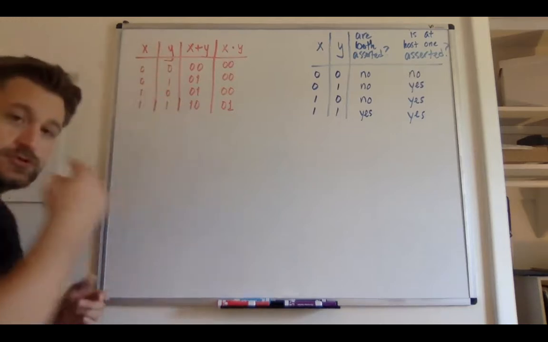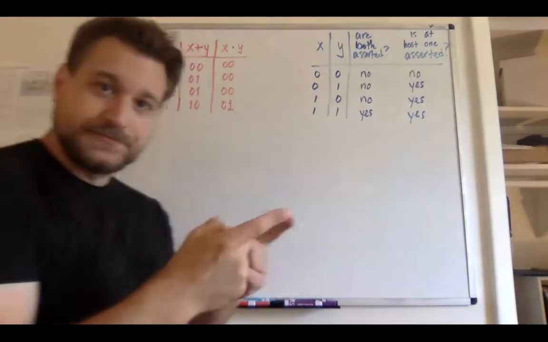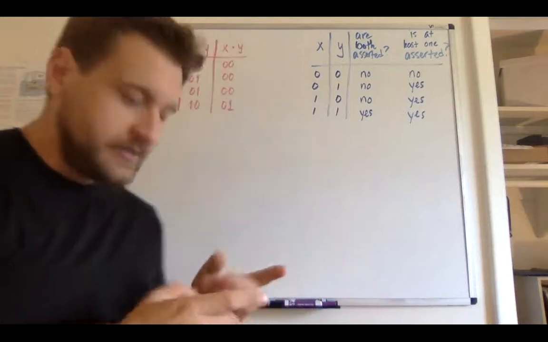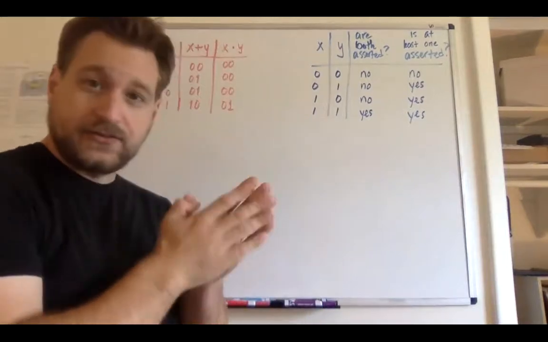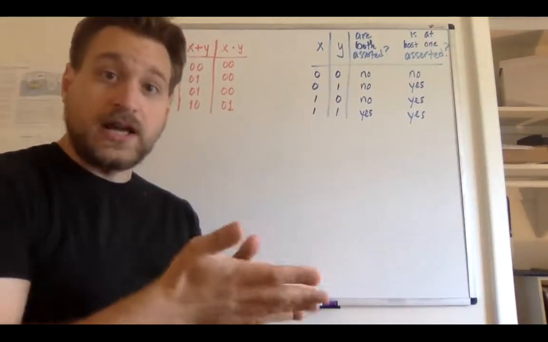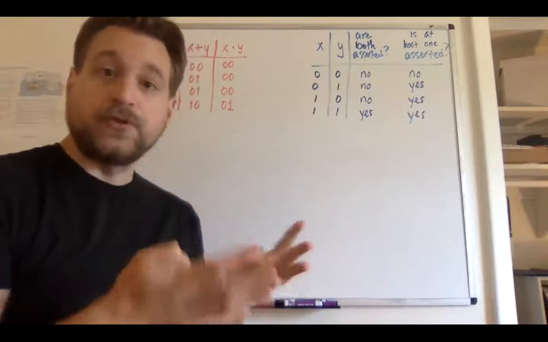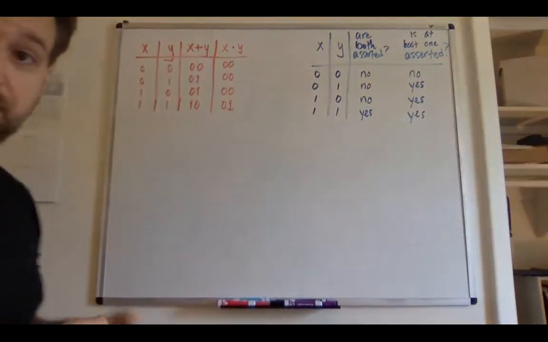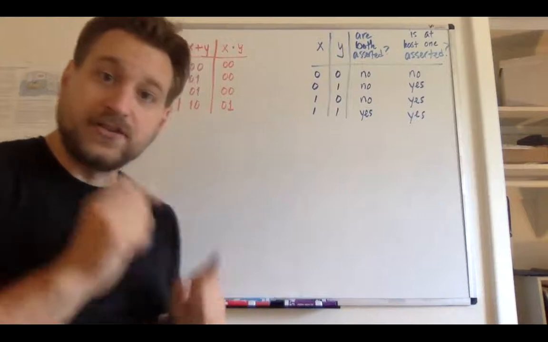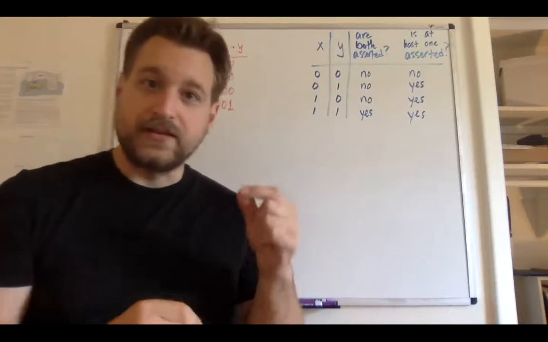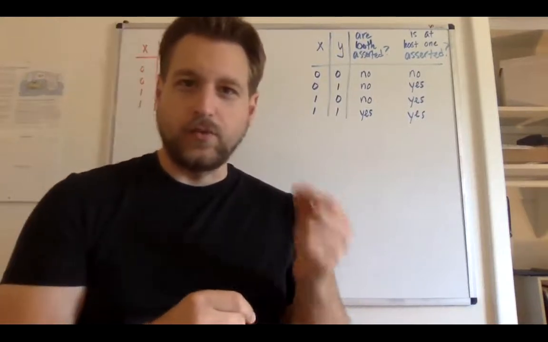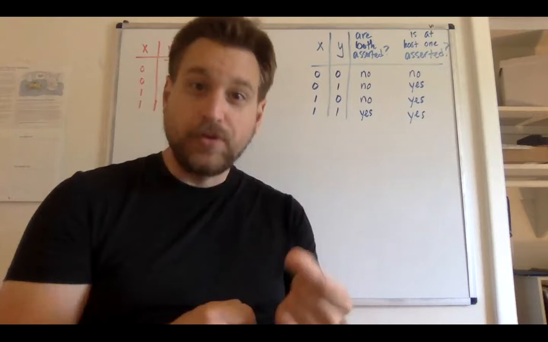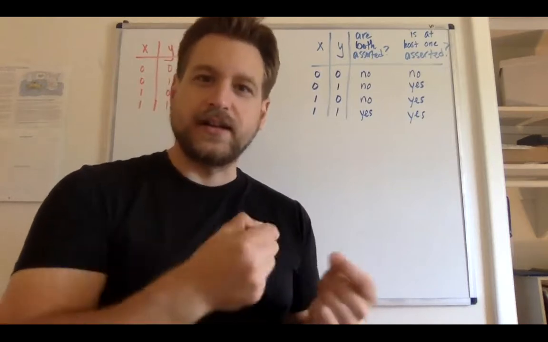If we're talking about 2 bits, X and Y, and we want to multiply them, either X could be 0 or 1, or Y could be 0 or 1. We've got 4 possibilities. And the only time the product is 1 is when both X and Y are 1.